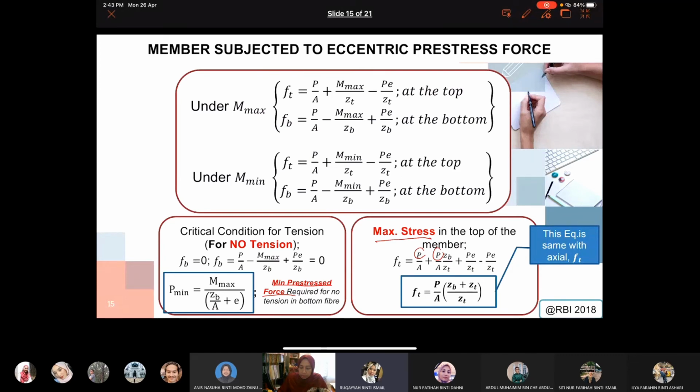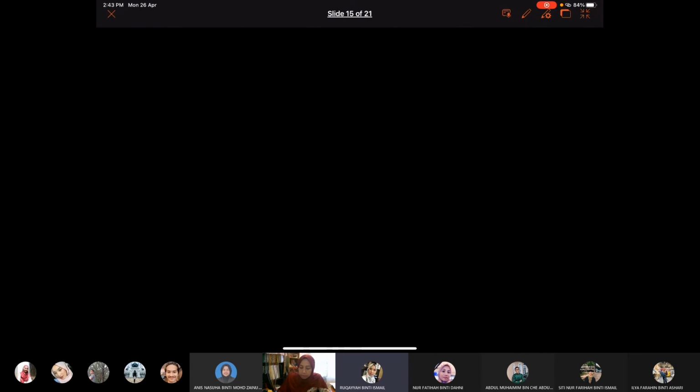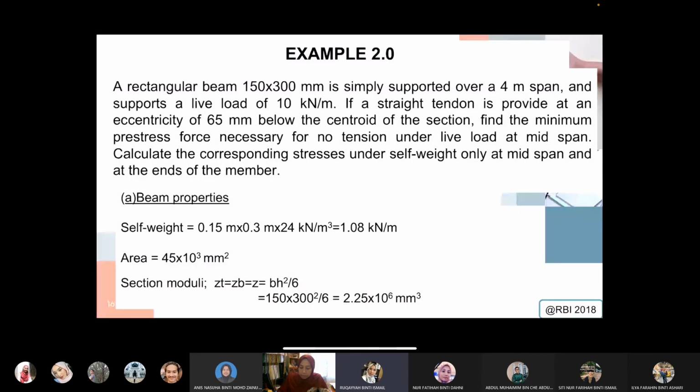stress or maximum stress. Okay, so for example, in this example 2.0, we have a rectangular beam 150 multiplied by 300. It's a simply supported beam over a 4-meter span, and the beam is supporting a live load of 10 kN per meter.